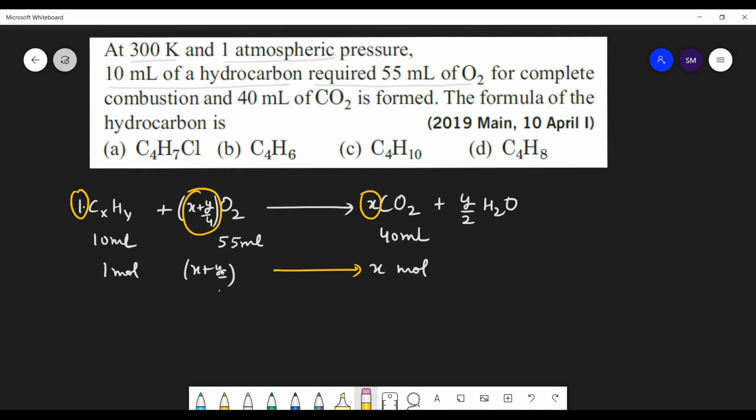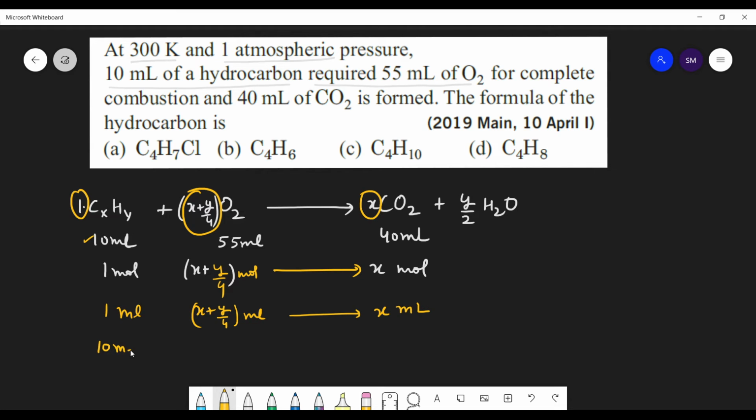Agreed or not? Yes, sir. Now 1 ml, as per Avogadro's law, will be X plus Y upon 4. These were moles, so this will be liters. X ml. Agreed?